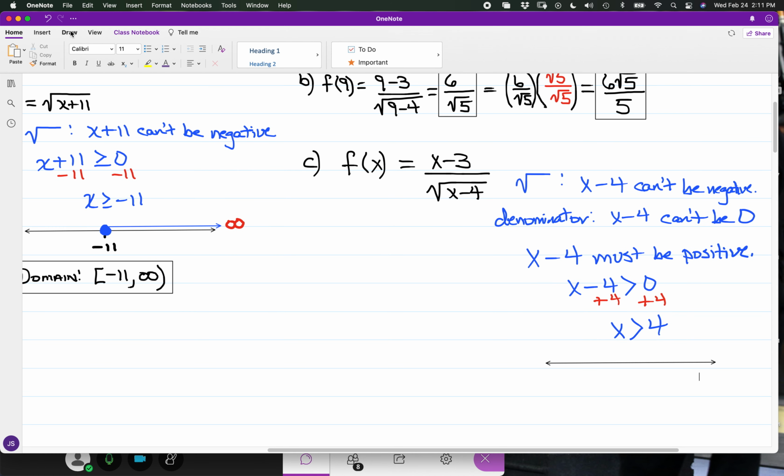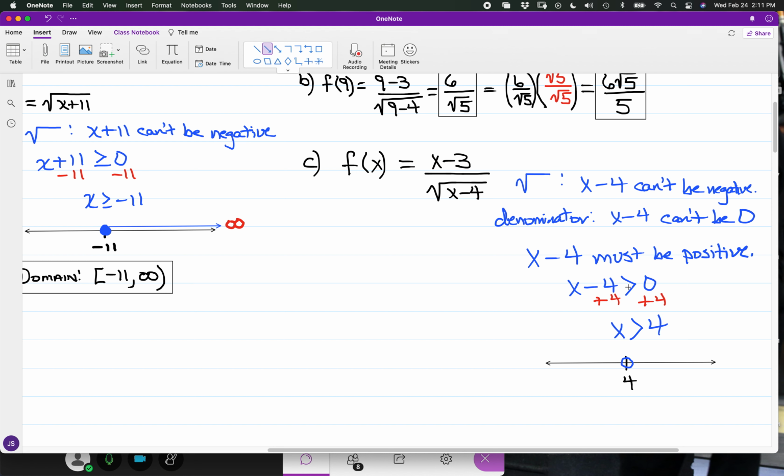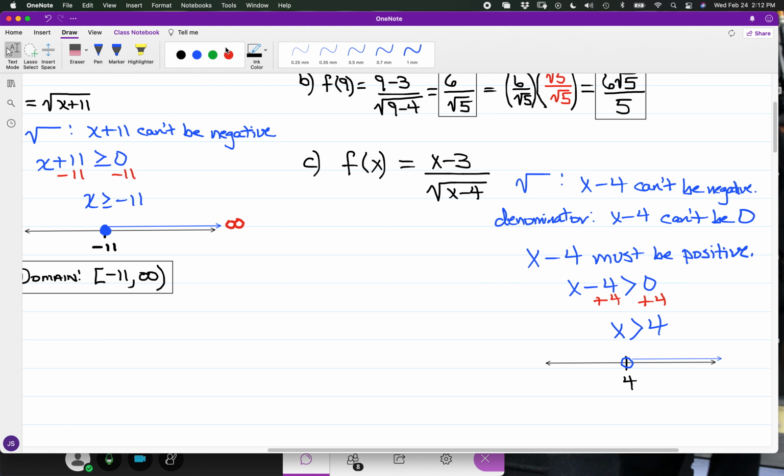And so we're going to have here 4, again without the equal sign, so 4 is not included. For the values of x greater than 4, if you were to graph, you would have a ray going continuously out to the right in the direction of infinity.